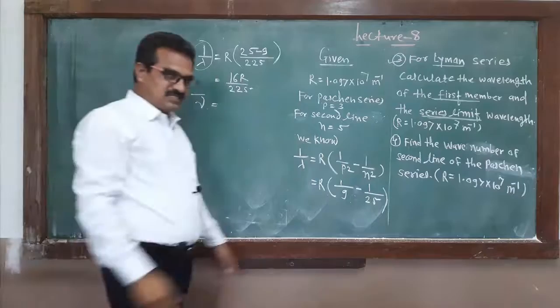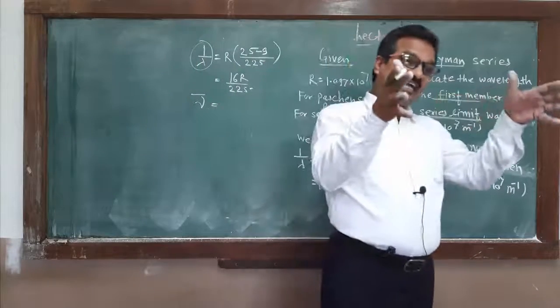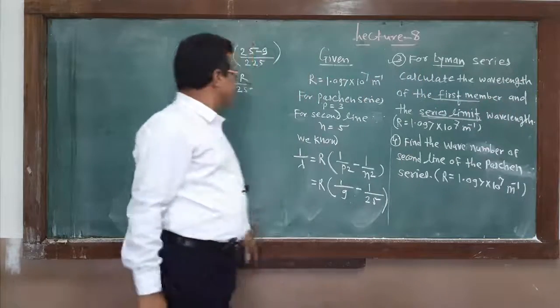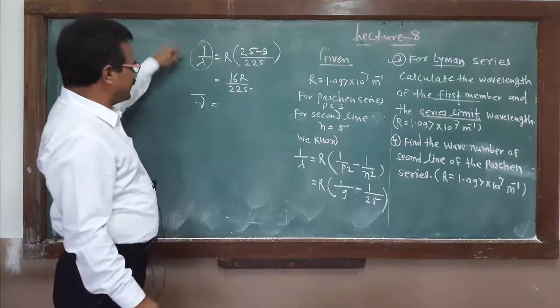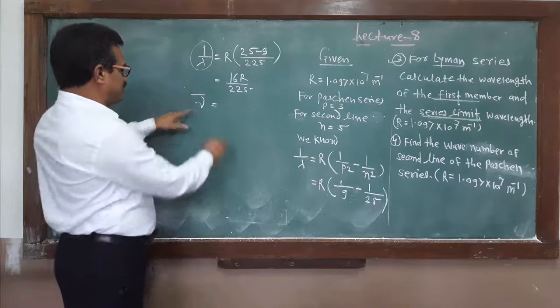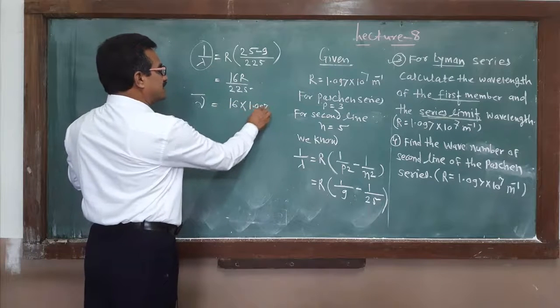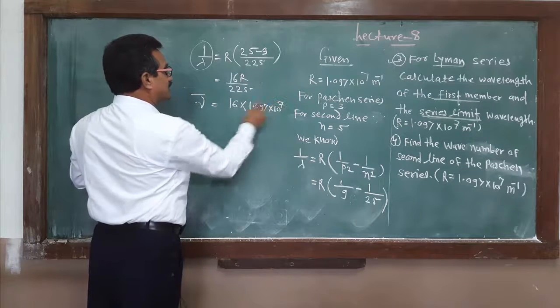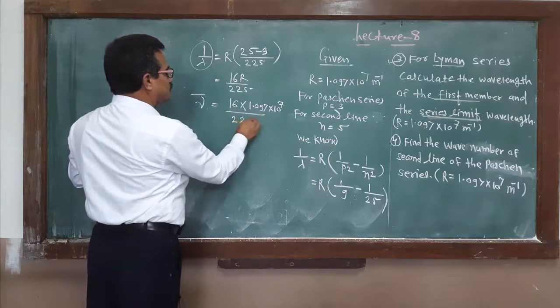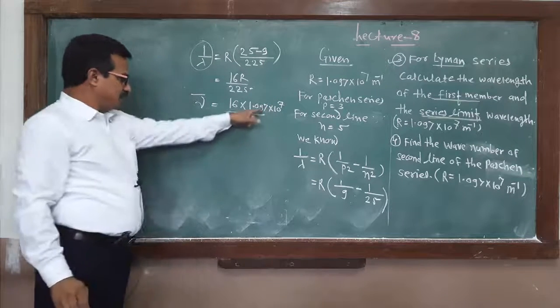1 upon lambda is called a wave number. Wave number means the number of waves in a unit distance. Therefore 16 multiplied by 1.097 into 10 raised to 7 divided by 225.